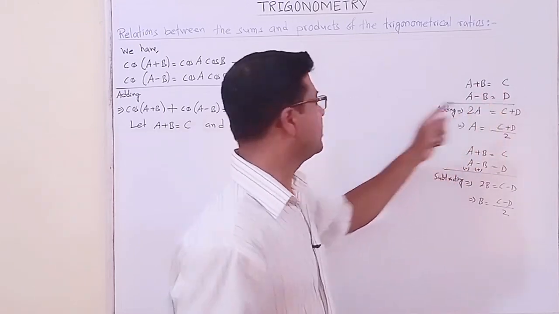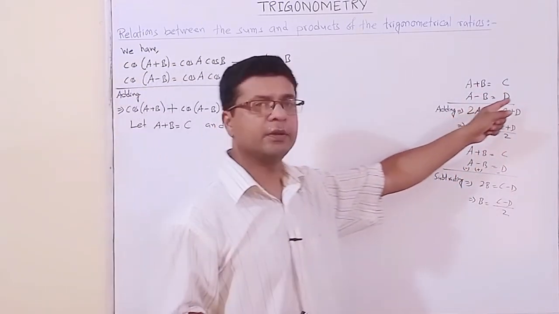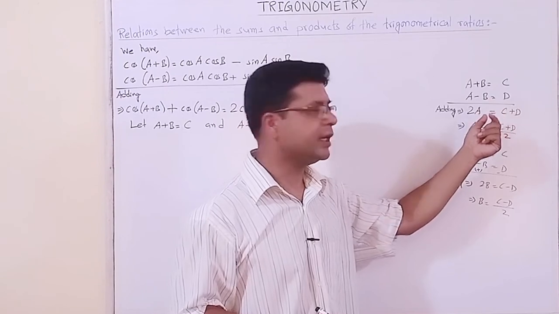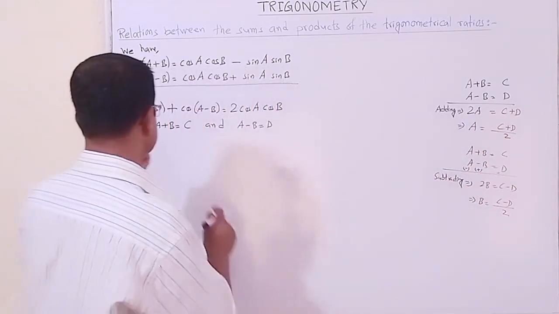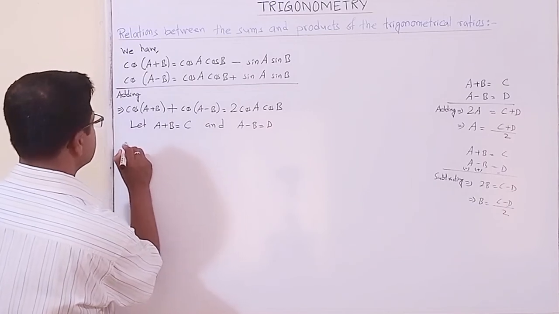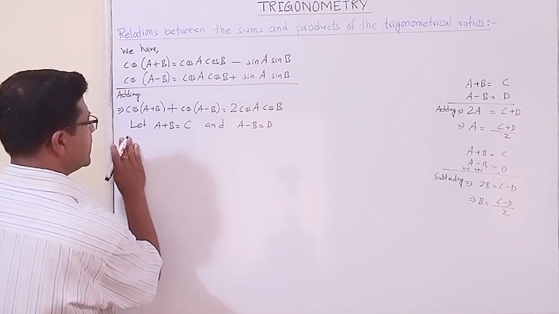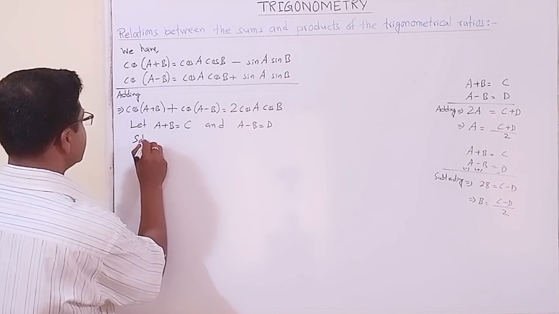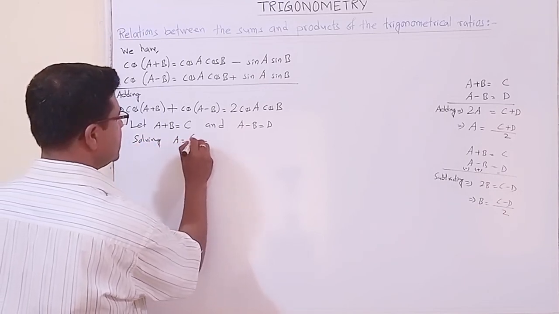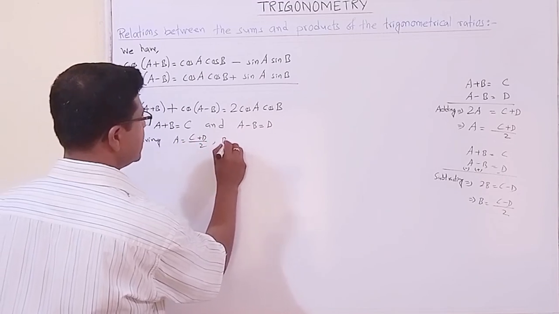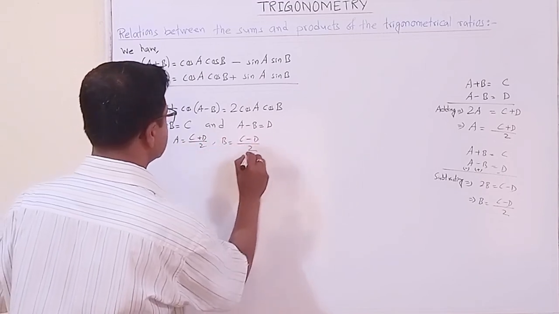If we take A plus B equal to C and A minus B equal to D, then solving for A and B, A equals C plus D by 2 and B equals C minus D by 2.